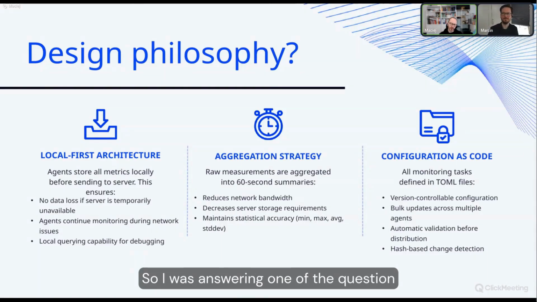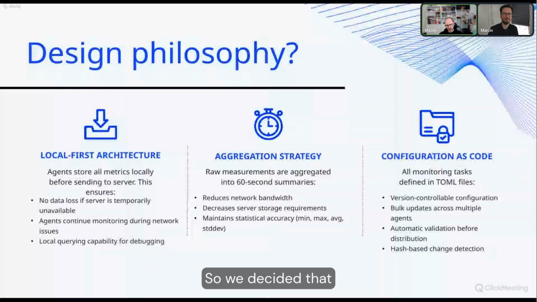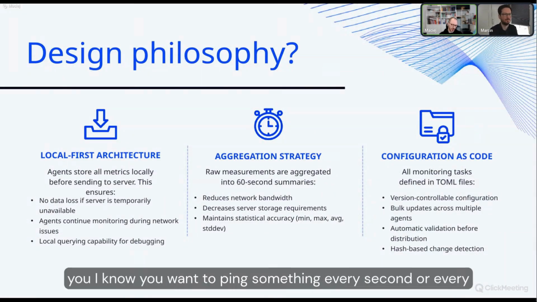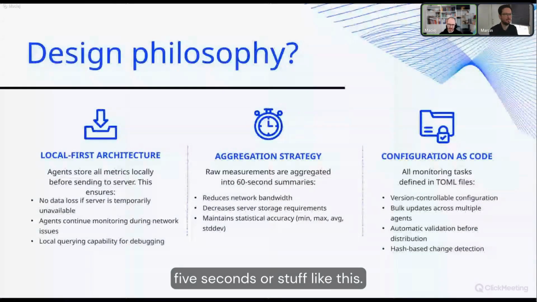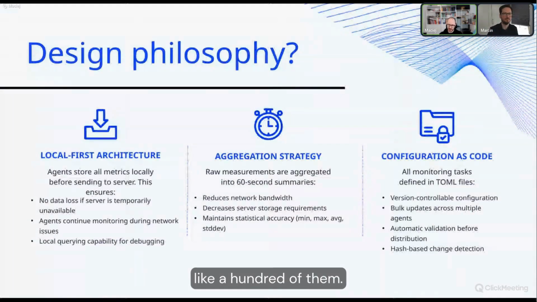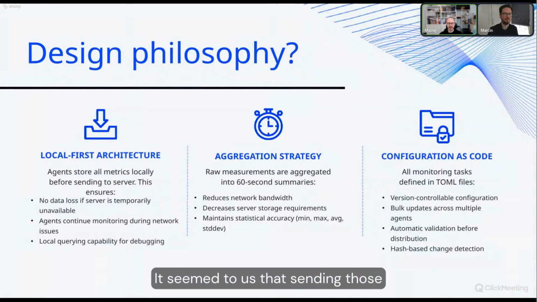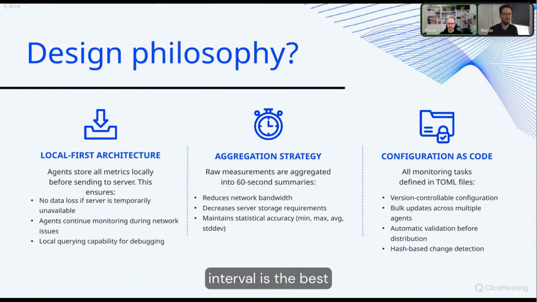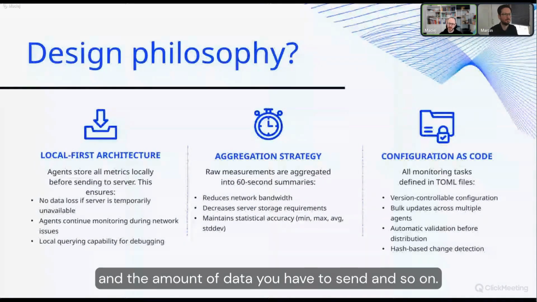So I was answering one of the questions on the chat. We decided that if you want high frequency testing, say you want to ping something every second or every 5 seconds, and for some reason you might want to have a large number of agents, like 100 of them, it seemed to us that sending those aggregated metrics on a 1 minute interval is the best trade-off between accuracy and the amount of data you have to send.